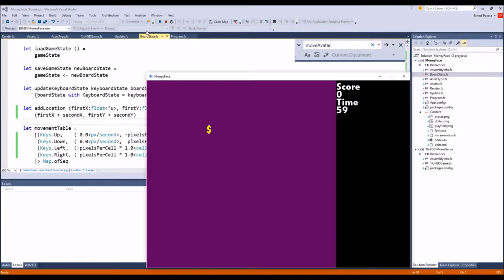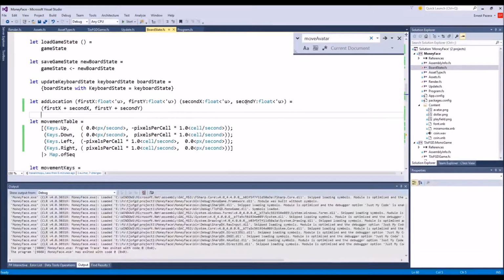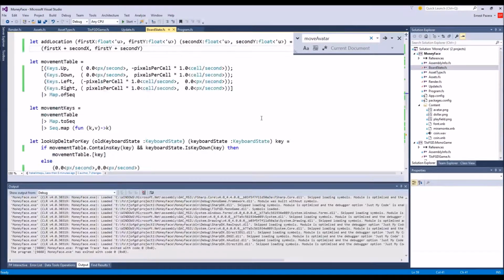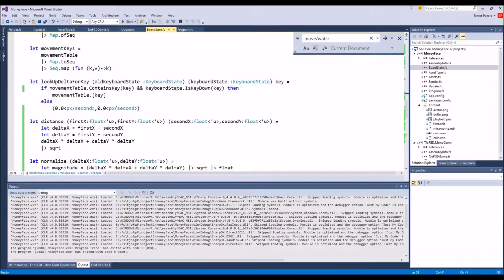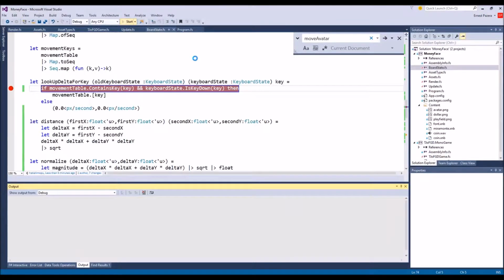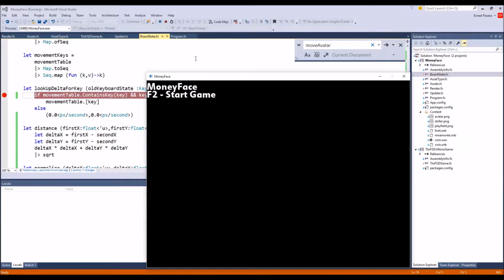So, F2, where am I? What in the world happened? Okay, well that didn't work. So, if the keyboard state is key down that, then the movement table up key. Well, this looks like a job for look up a delta for key to see what's going on here.